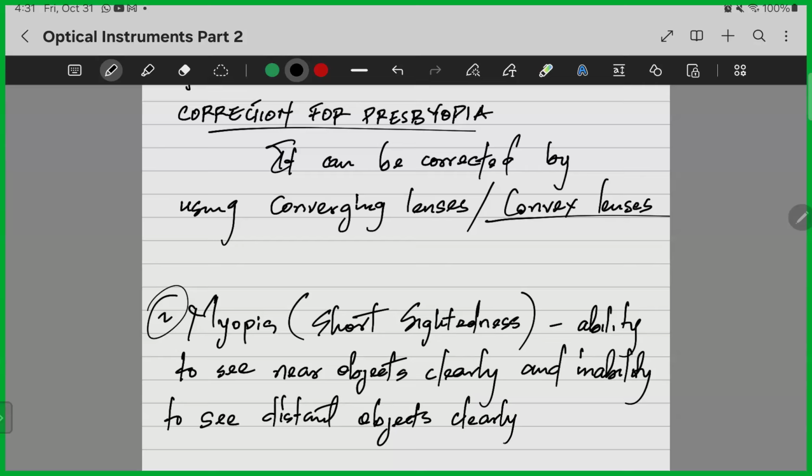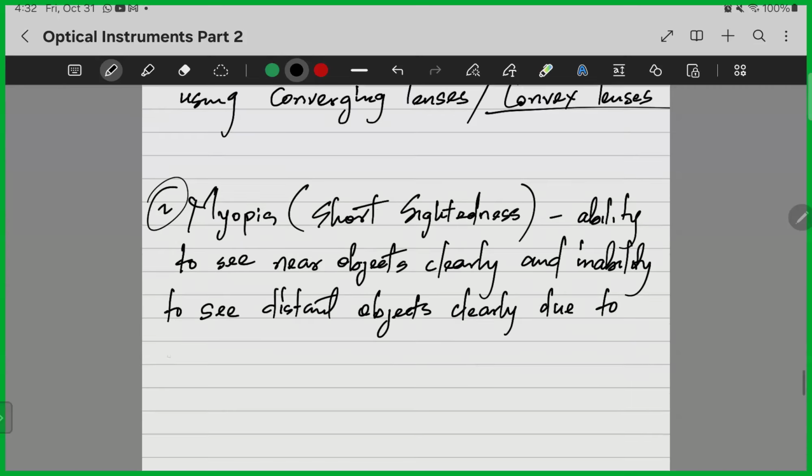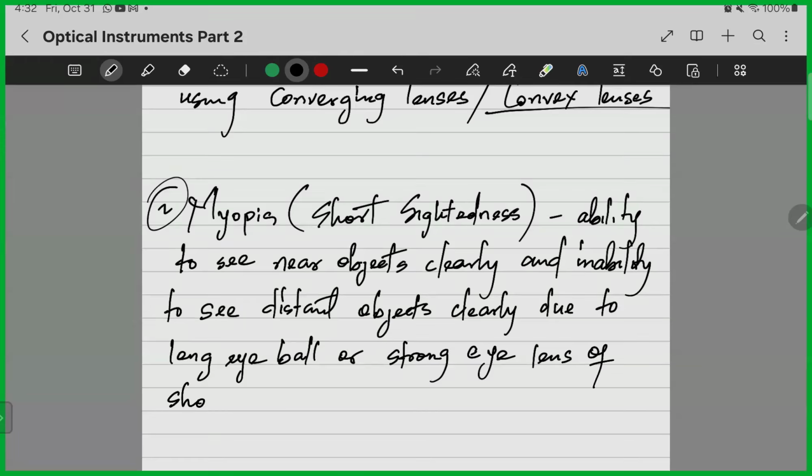And it is due to long eyeball or strong eye lens of short focal length.